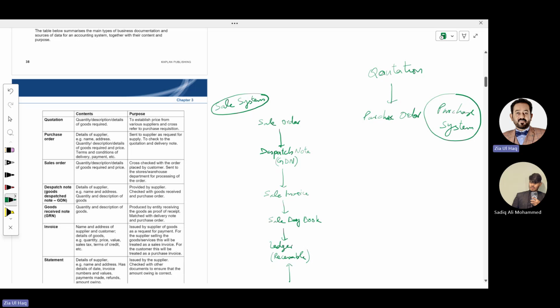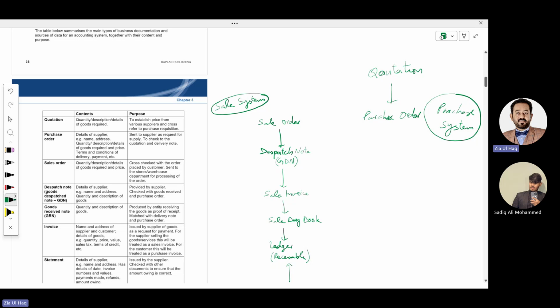If the company is buying without quotation, there could be chances of fraud. Maybe purchase department people are buying from their friends and asking them, please put an invoice of more money, like charge the asset at a high price, and the remaining amount we will distribute with each other.